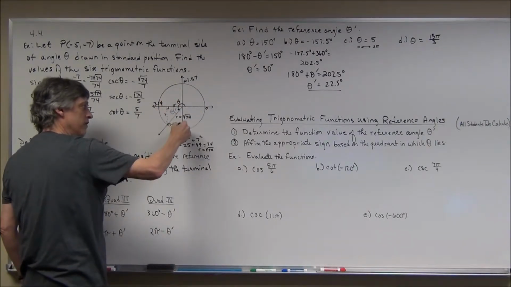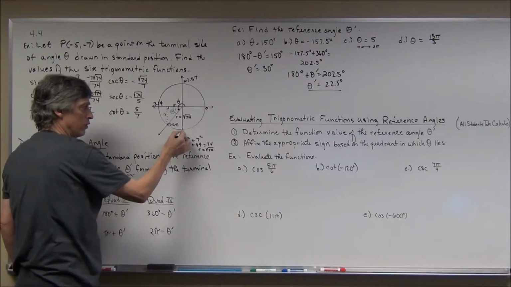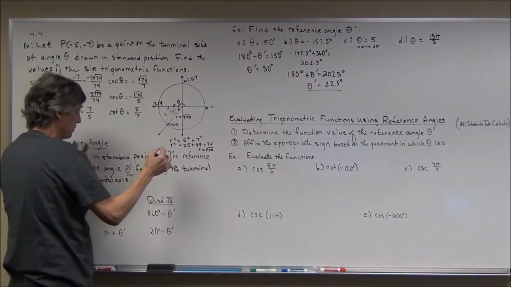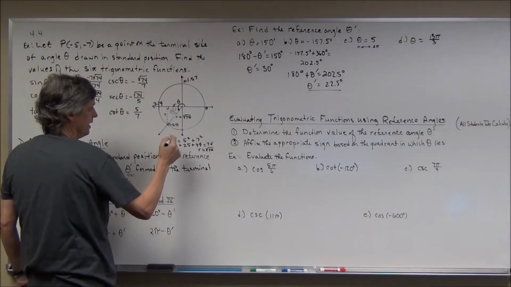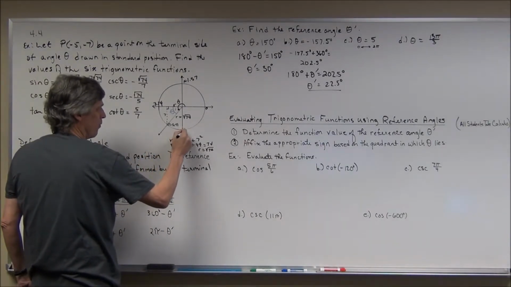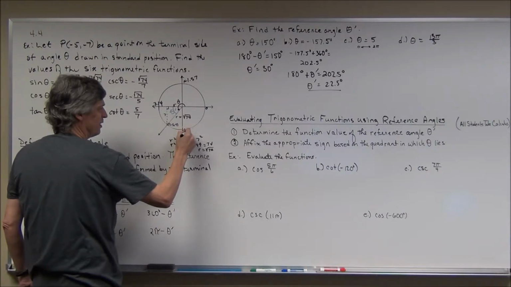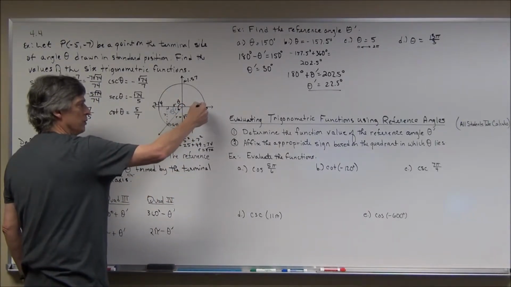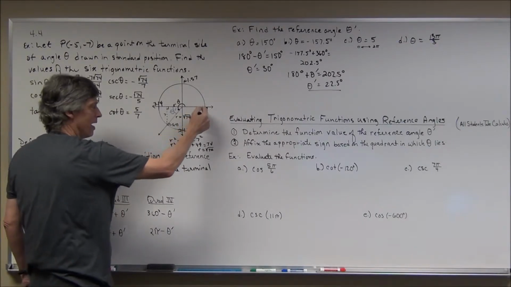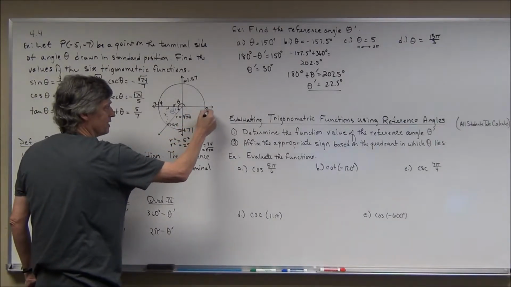This is 270 degrees, or 3 pi over 2 radians. Now 3 pi over 2 would be 3 times 3.14 divided by 2, and that is about 4.71 approximately. And then all the way around, a full revolution would be 360 degrees or 2 pi, so that would put me at about 6.28.